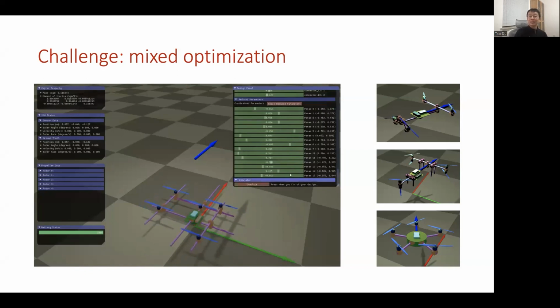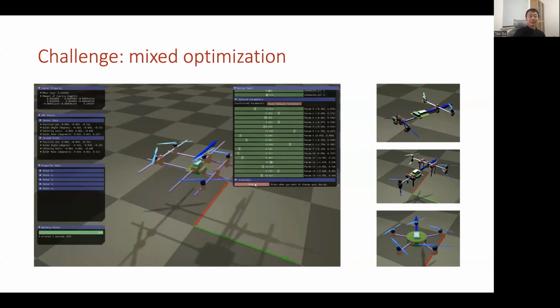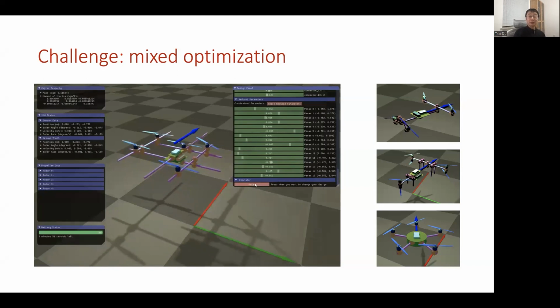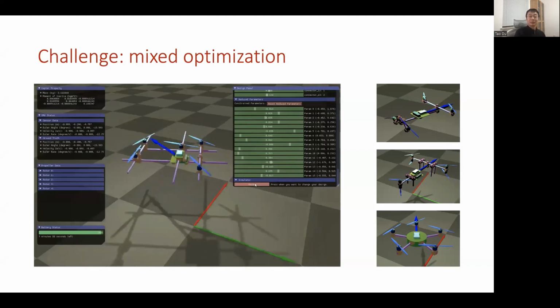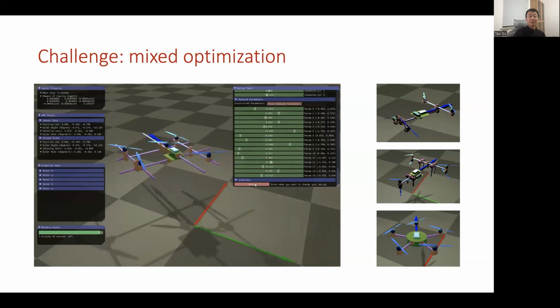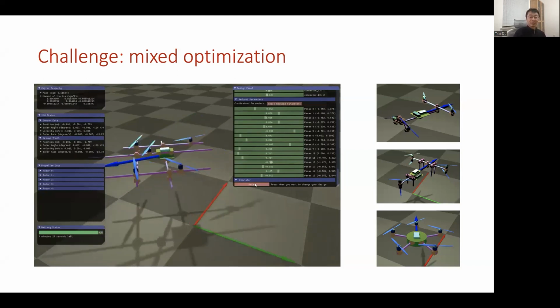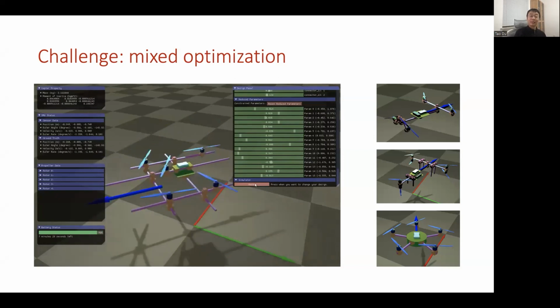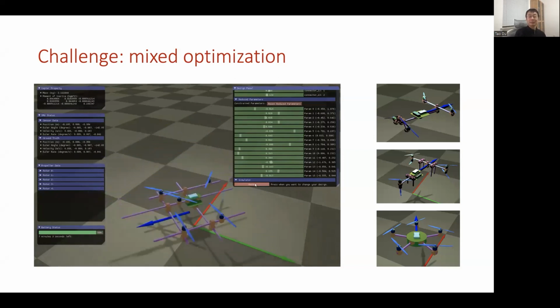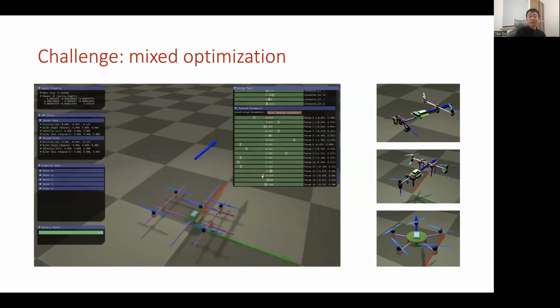So one of the biggest challenges here in designing such an aerial robot, or actually in designing rigid robots in general, is that it is a mixture of both continuous and discrete parameters. For example, in these flying vehicles, we have continuous parameters like the hyperparameters in the PID controller and the length of the rods, which continuously vary the performance and shape of the design.